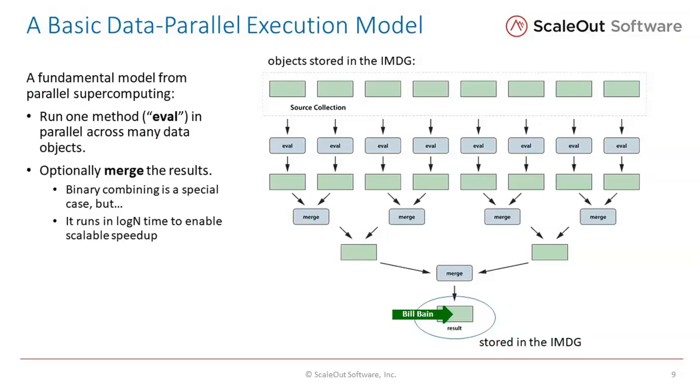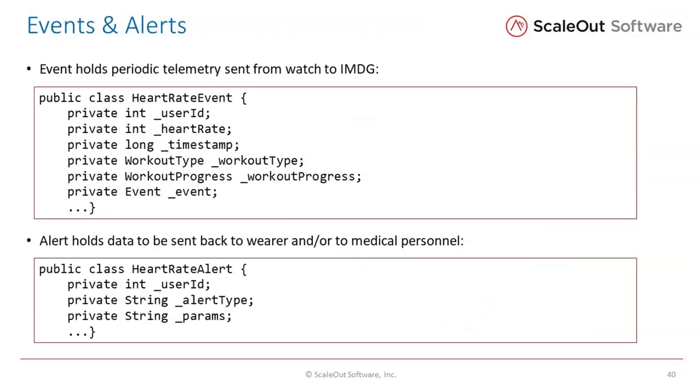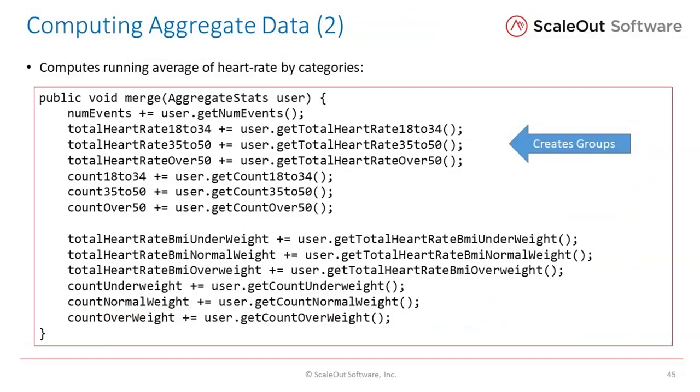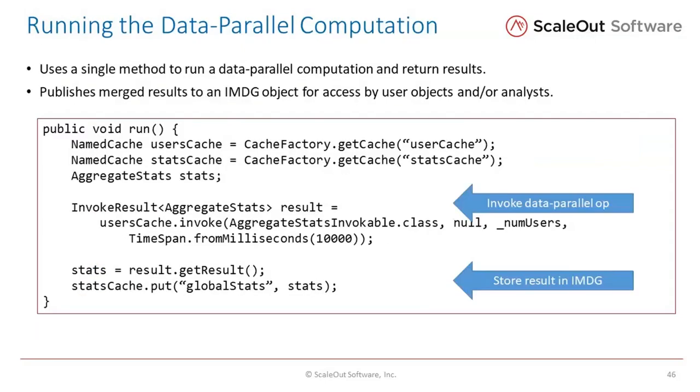So if I can find my way back to where I was, which might take a second. Here we are. So we're extracting and accumulating heart rate information, the count of that, and BMI information and the count of that. And this can then be merged with the merge algorithm and then delivered back to the user.